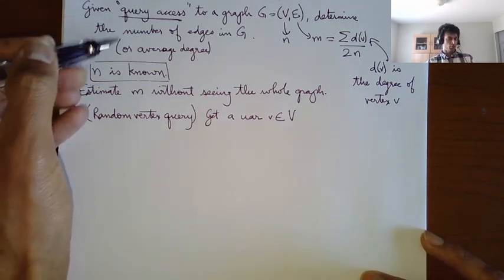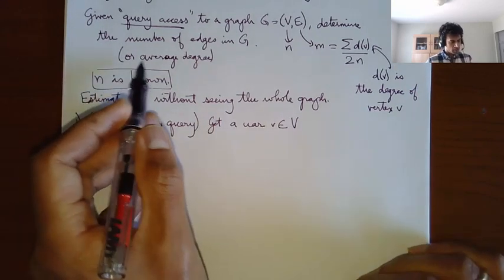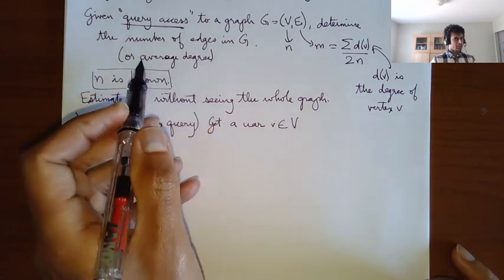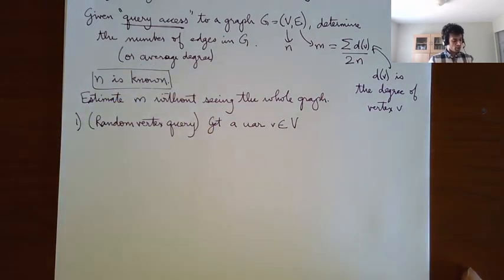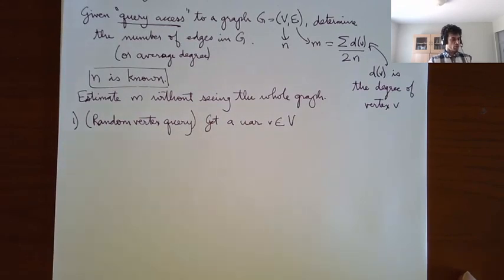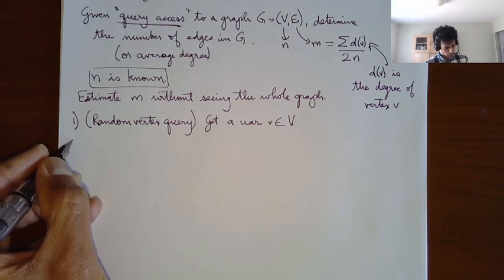So we can phrase this problem in 2 different ways. In many social network contexts, it's actually the average degree that people care about. They'll say, I want to know the average degree of Facebook, or let's say Twitter. This is skewed by some high degree vertices, and I want to determine the entire average, even though it's skewed by a few individuals.